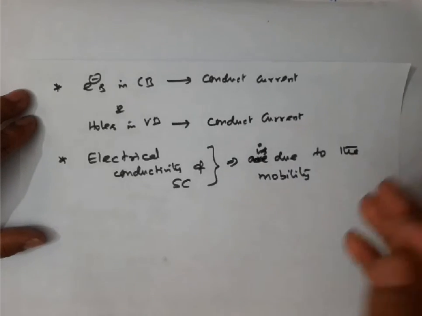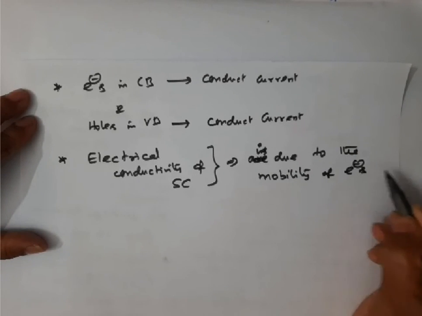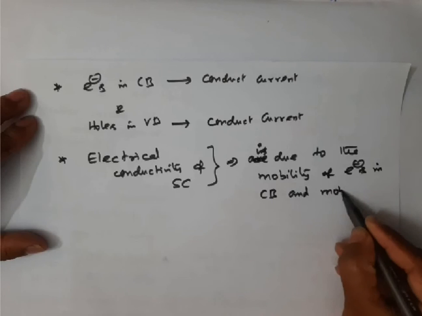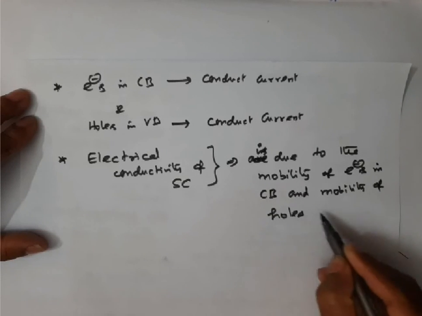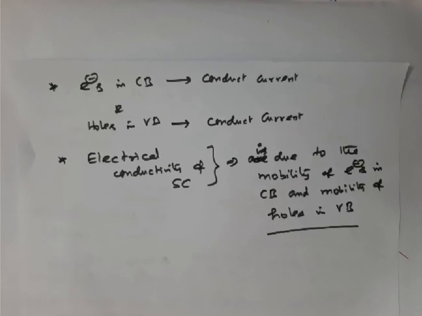Movement is due to the mobility of electrons in the conduction band and the mobility of holes in the valence band. Note down, this is very important. Electrical conductivity of a semiconductor is due to the mobility of electrons in the conduction band and the mobility of holes in the valence band. Very, very important, students, keep this in mind.